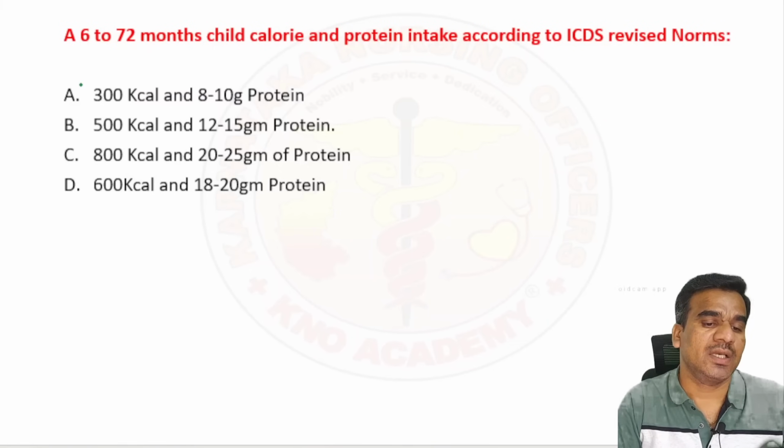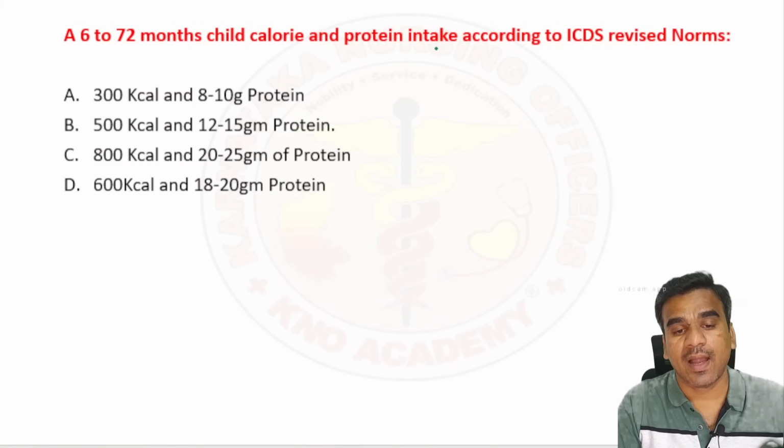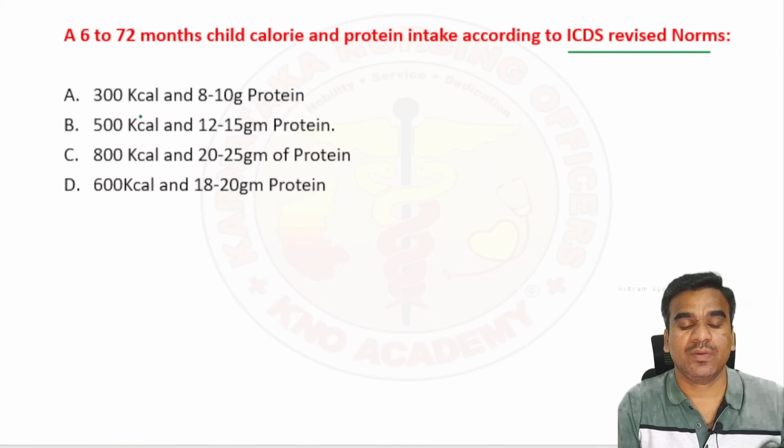Next, a 6 to 72 months child's calorie and protein intake according to ICDS revised norms. Options: 300 kilocalorie and 8 to 10 gram protein, or 500 kilocalorie and 12 to 15 gram protein, 800 kilocalorie and 20 to 25, and 600 kilocalorie and 80. So the right answer is 500 kilocalorie and 12 to 15 gram of protein.